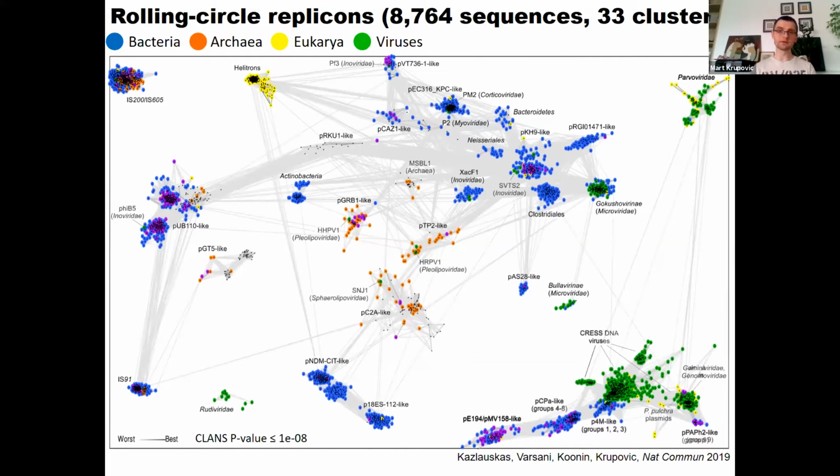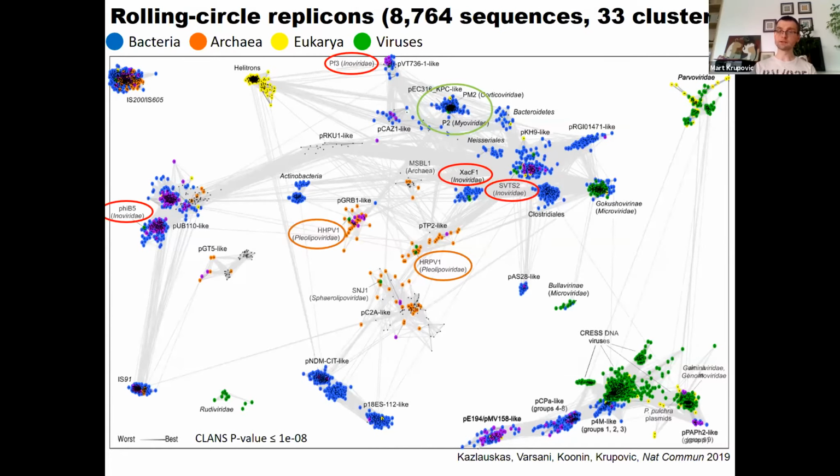On this slide, you see a clustering of different families, subgroups of rolling circle replication endonucleases from different families of viruses and plasmids from all three domains of life. This clustering is based on sequence similarity. What is obvious is that viruses do not form a monophyletic group in this network.